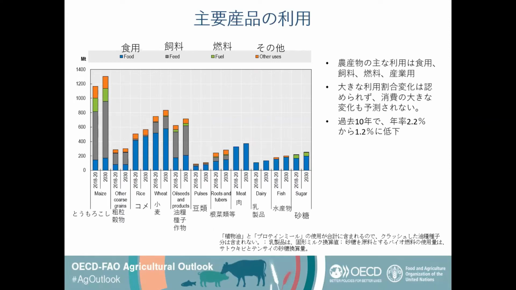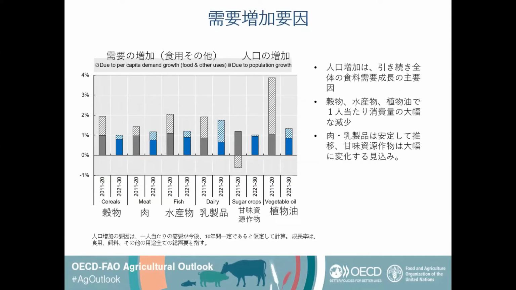As you see in this chart, where these uses are mapped for the major commodities that we consider, the shares of the different uses are not projected to change significantly because no major shift in consumption is expected, like we had 15 years ago when biofuels suddenly emerged. We don't see anything like this, but we see a slowdown in the growth rates compared to the last decade. The next slide will show why we see that, what is behind that.